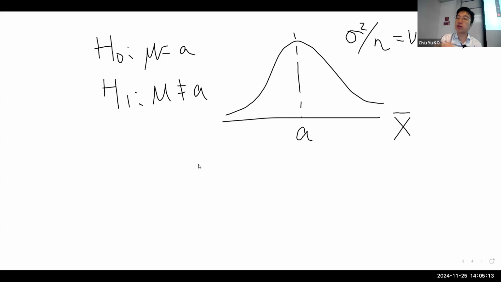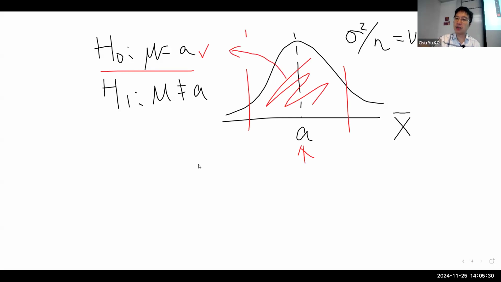So how do we decide whether we reject or not? If the sample mean X bar is at A, then we're okay. And if not, then we say not okay. What we say not okay is pre-decided. This is the region that supports this. It's called 1 minus alpha, how big it is. And these are the areas, two-tailed test, alpha.